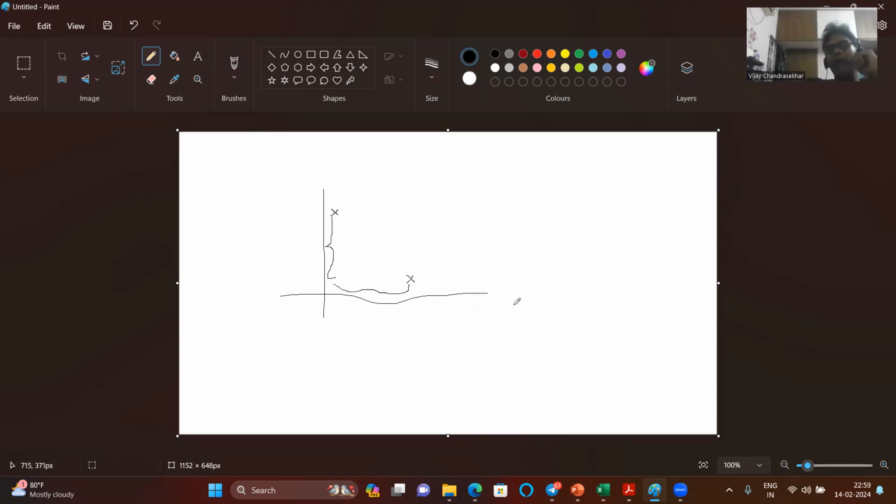Now I need one measure that helps me to determine how much I have moved and in which direction. What would that measure be? Or let me put it this way. I need one measure that tells me how much I have moved. What would that measure be?